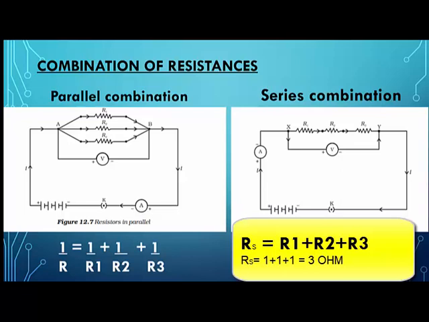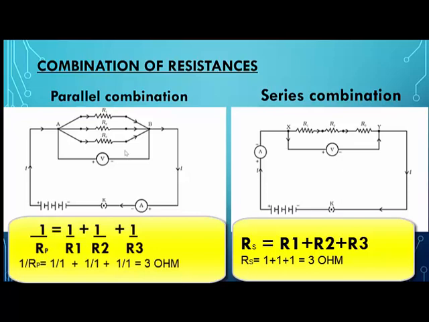Now what will happen with parallel connection? Suppose the resistances are connected like this, they are not in series now, they are in parallel combination. Fine. Now if I ask you again, this is 1 ohm, this is 1 ohm, this is 1 ohm, and they are connected in parallel. What is the equivalent resistance of the entire circuit?